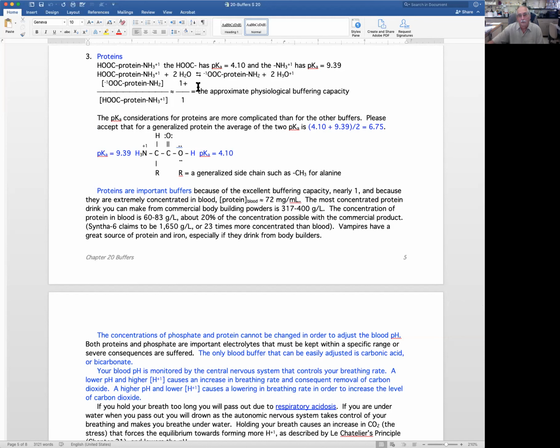Now, one thing that we often do in organic chemistry is when we have a molecule with more than one acidic or basic group on it, we take the average of the pKa's. In this case, the average would be 6.75, which is not that far from 7.4.